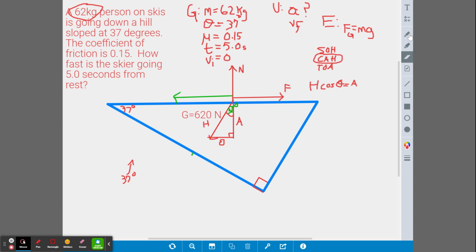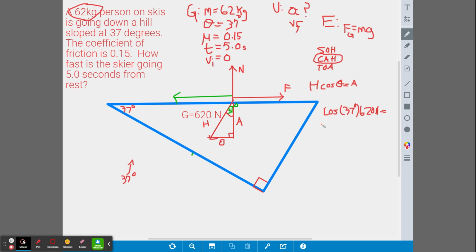So I'm going to rewrite this whole thing as cosine of 37 degrees times 620 newtons will equal the y component of gravity, which will be equal and opposite to normal. So we will know what the normal force is. Once we know the normal force, we can solve for friction.